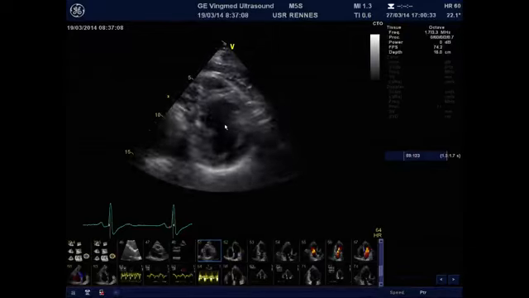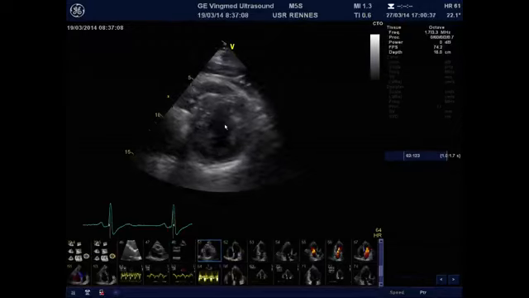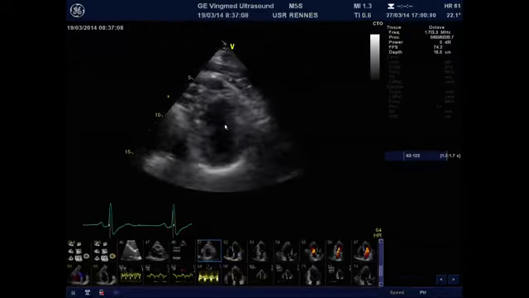Afterwards, at the end of the exam, we can also, if we want, use this view to measure the radial strain and the circumferential strain, but it is not performed in daily practice on the echo machine because it's not robust enough.